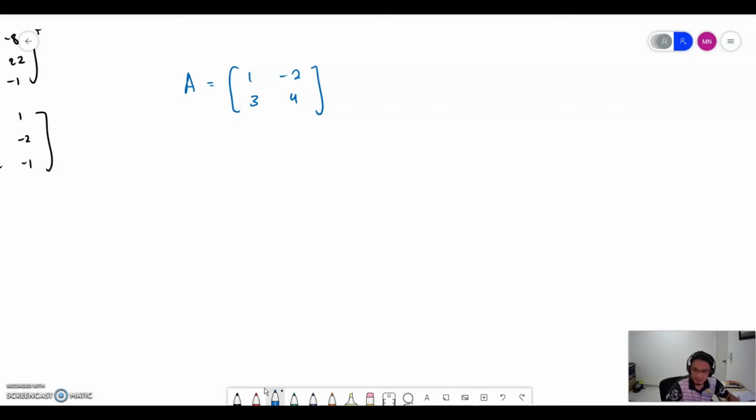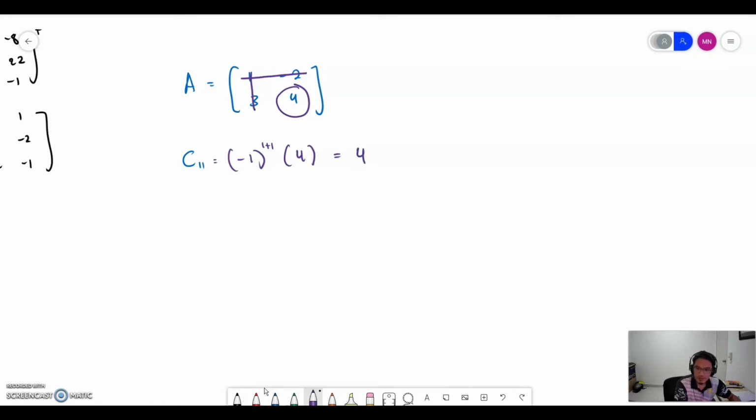Okay, so we have to find C11. The cofactor C11 for a 2 by 2 matrix means we remove the first row and we remove the first column. So then we only have 4. We follow the negative 1 to the power of 1 plus 1, and we have another 4.